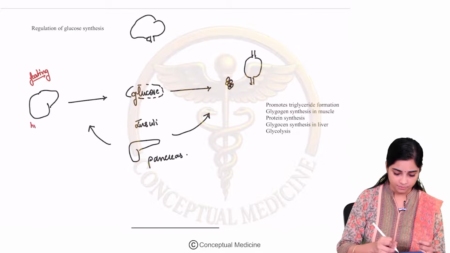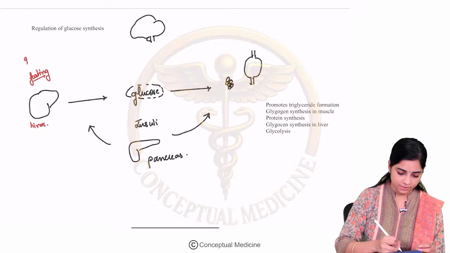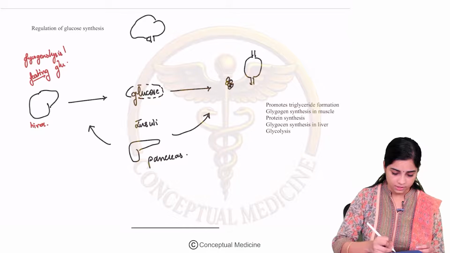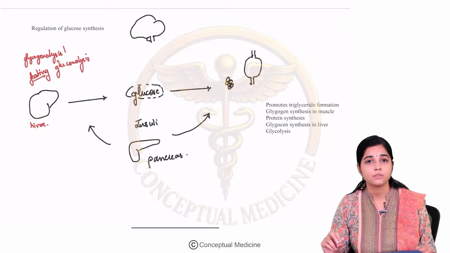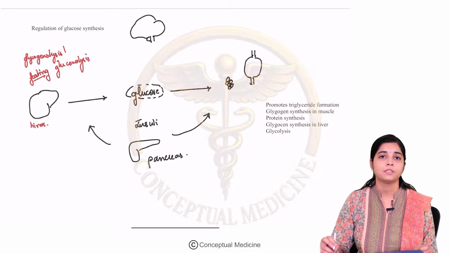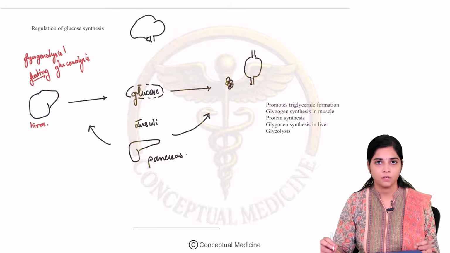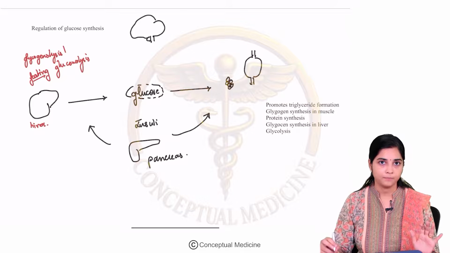It is produced from the liver by the processes of glycogenolysis or gluconeogenesis. This is how glucose is maintained in the body.